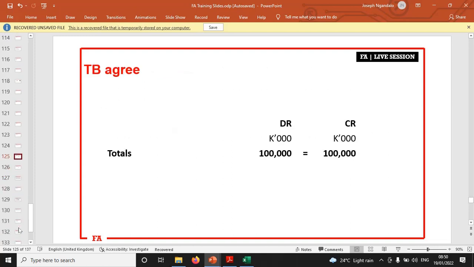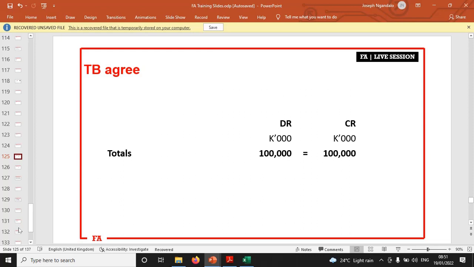So what is the position here? Look at this. When the trial balance agrees, the debit side will be equal to the credit side. That is exactly what it means.